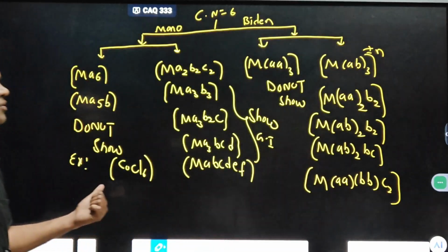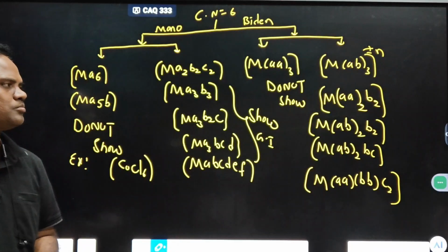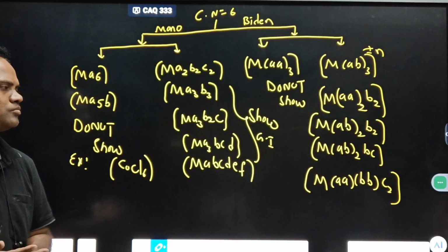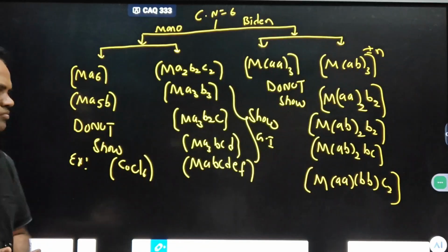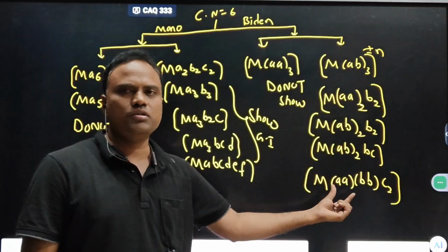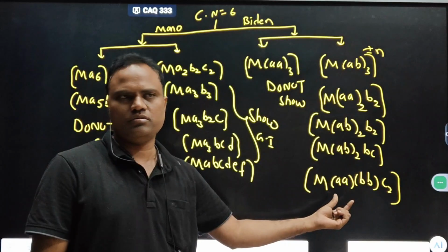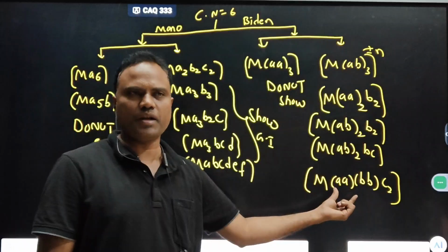Did you copy? Online students. Within the square bracket, bidentate ligands will be mentioned. Brackets, not square bracket, brackets.